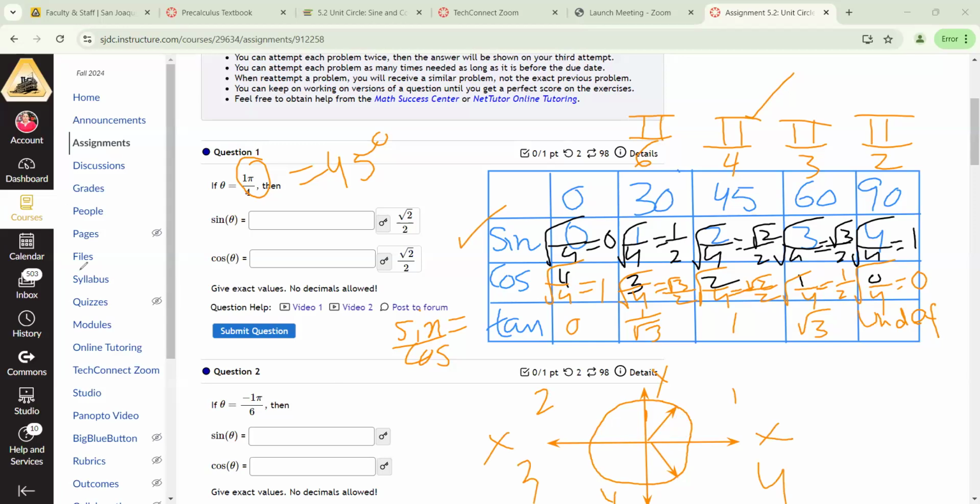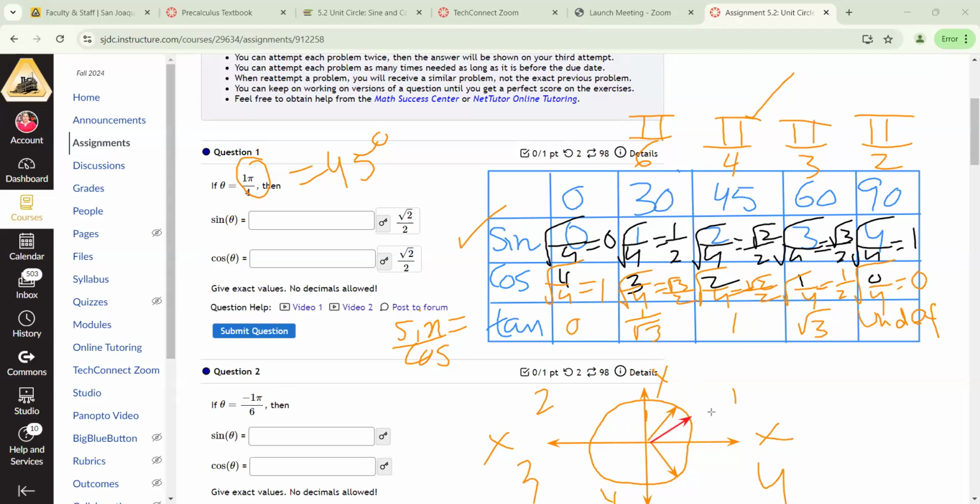So what does that mean to us? Suppose here is an angle of 30 degrees, which we are currently looking for. So 30 is here.